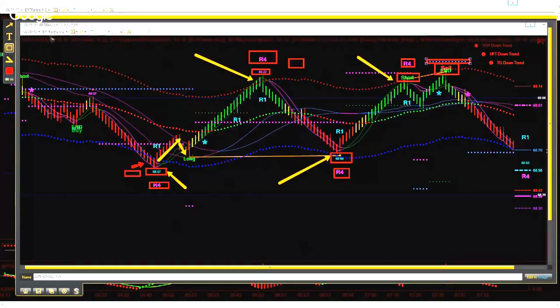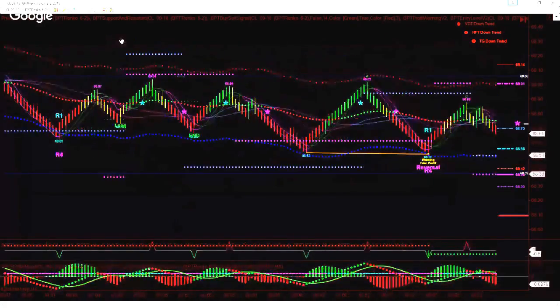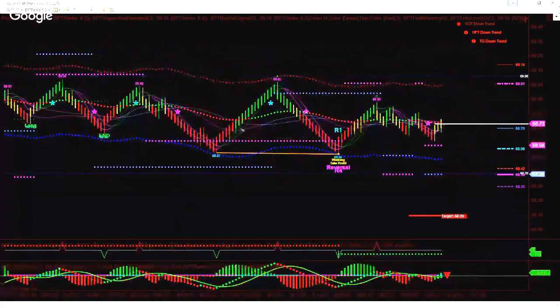You're out of the band, entry. It's that simple. All those inside the band, you should not be touching.